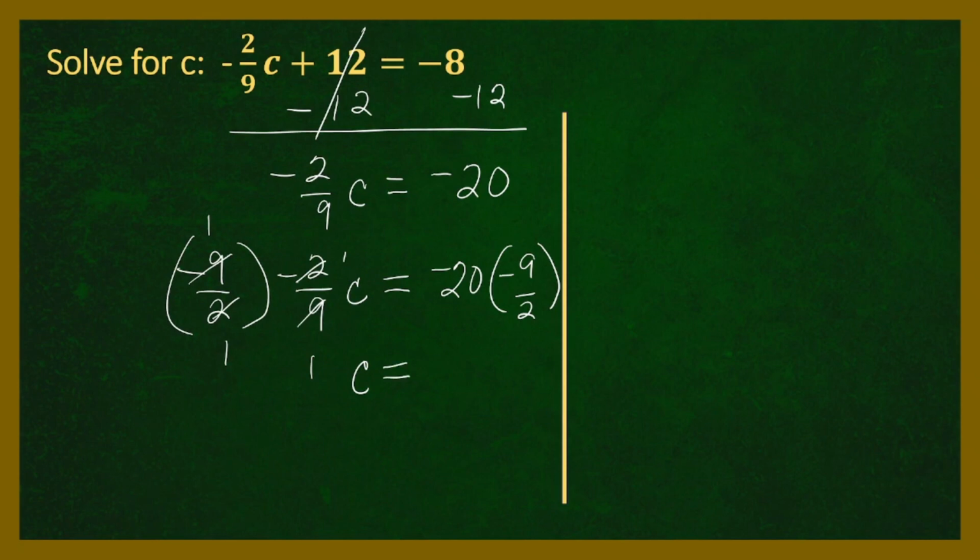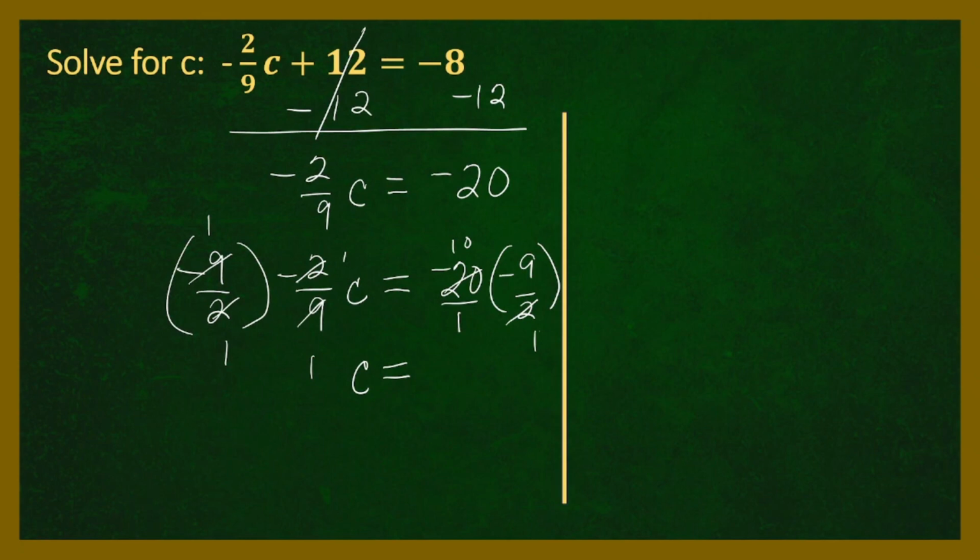When we multiply negative 20 times negative 9/2, I'm going to give this 20 a denominator of 1. So negative 20 divided by 1 is still negative 20. We didn't change the value, we just made it a fraction. Now we're going to reduce. You see 2 goes into 2 one time, and 2 goes into 20 10 times.